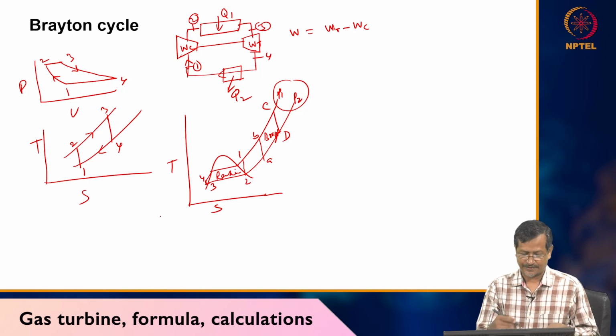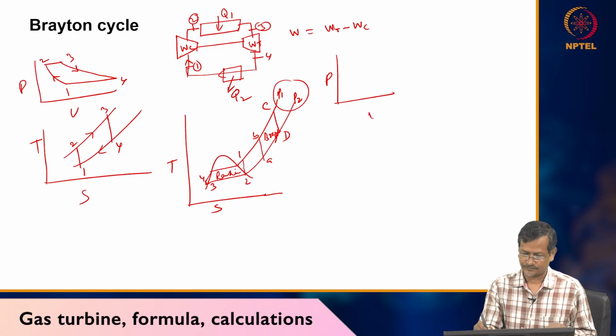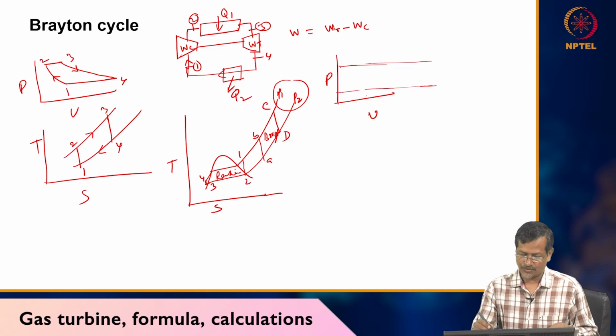Similarly, if I draw the PV diagram, 3 to 4 is compression happening, volume reducing. 4 to 1 is a constant pressure process. 1 to 2, again expansion happening.